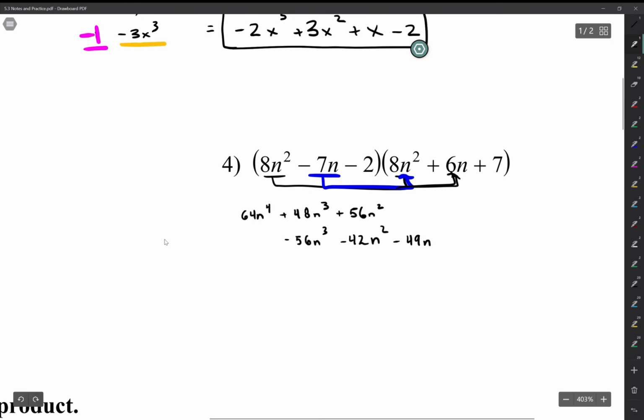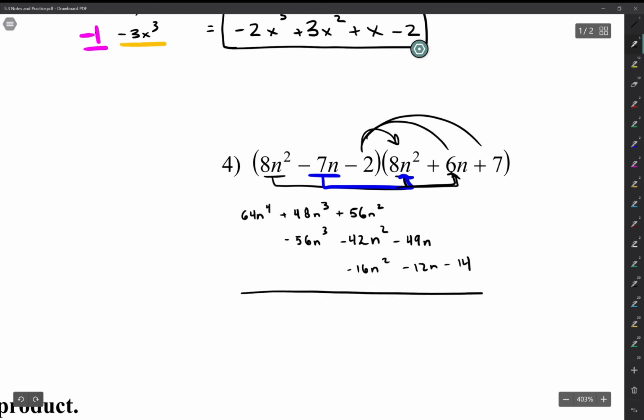And lastly, we're going to take care of the 2's. So negative 2 times 8n squared, negative 16n squared, minus 12n, minus 14. And then we just shake and bake, add them all together, 49 and 12.